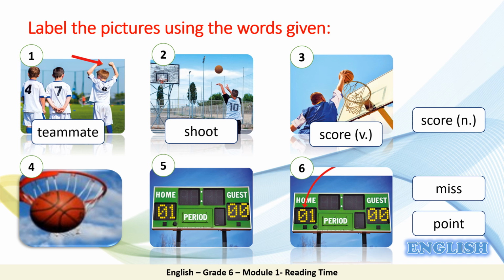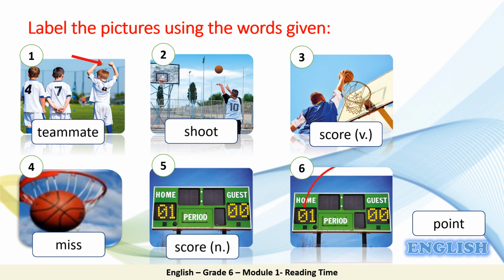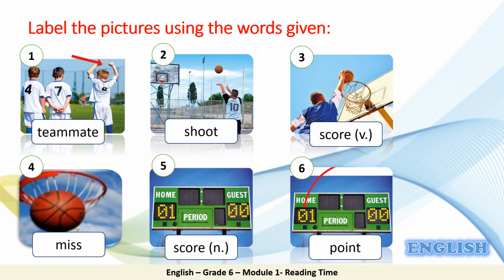Score a point. Number 4, miss. Excellent. Number 5, this board shows the score of the game. And the last one, this board shows that one team has got a point. This number, which is number 1, refers to 1 point.